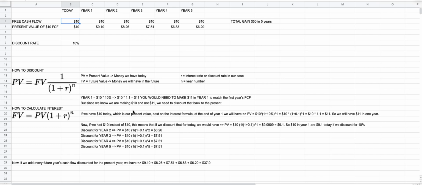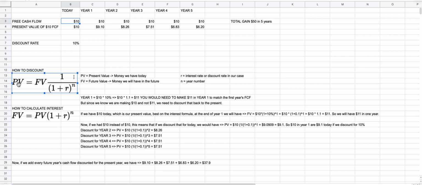And the way to do it is by using the discount formula. This is mathematics really, but we can use this one to quickly evaluate what the present value of our future value is going to be. PV stands for present value. It's basically the amount of money that is represented today.